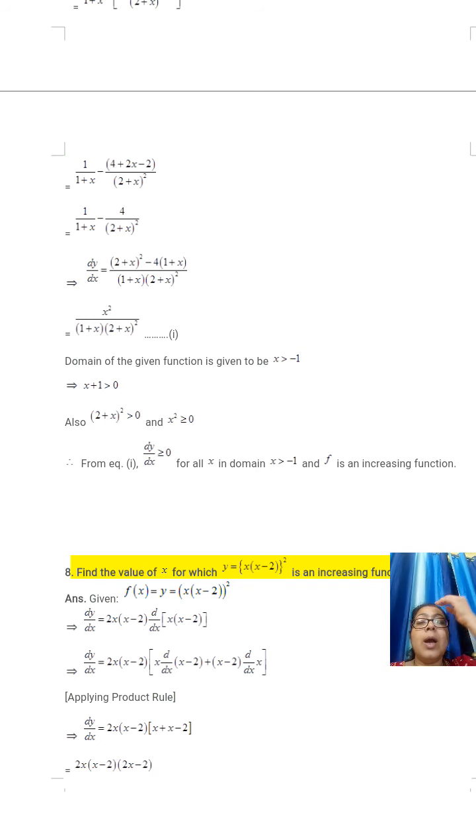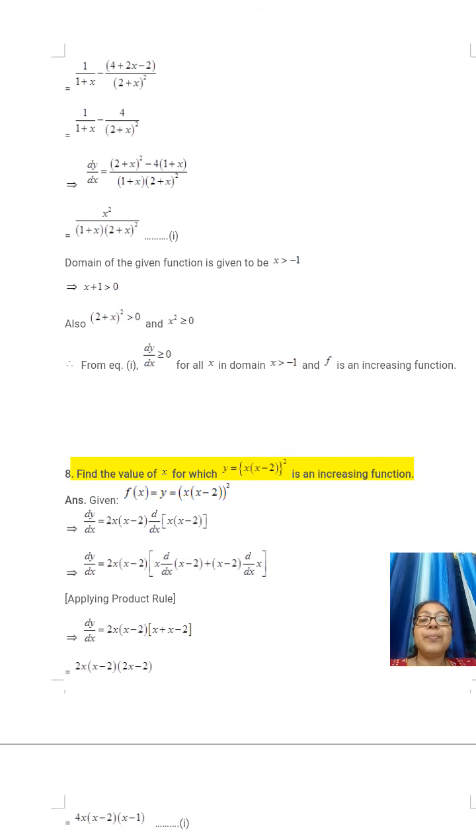So numerator and denominator both are positive. That means f'(x), or dy/dx, is more than 0. So in the whole domain x more than minus 1, f is an increasing function.